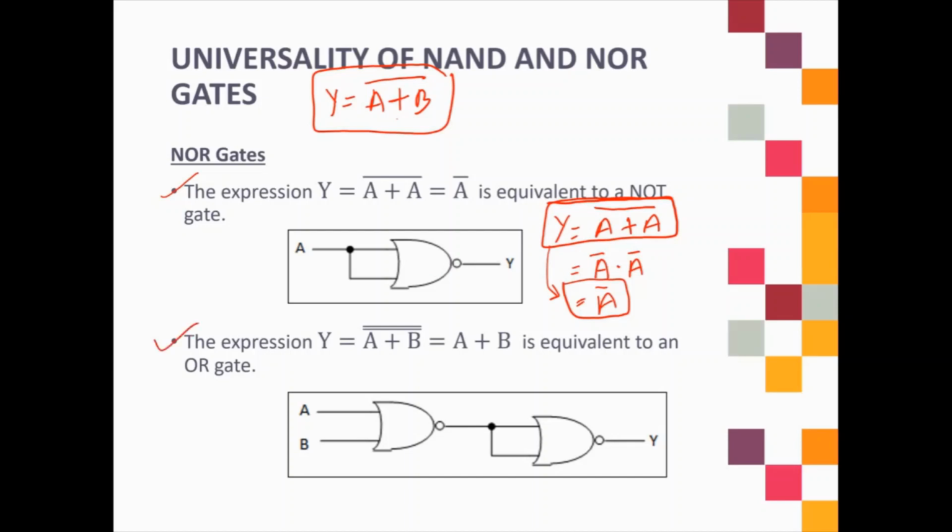Second is OR. How are you going to draw the OR gate by using NOR? So same as NAND and AND. Okay.